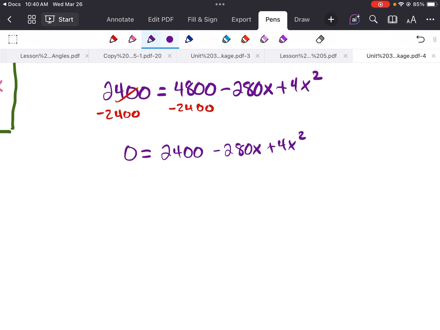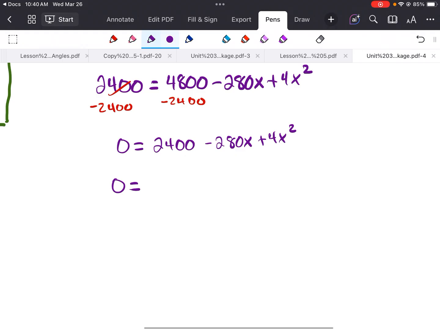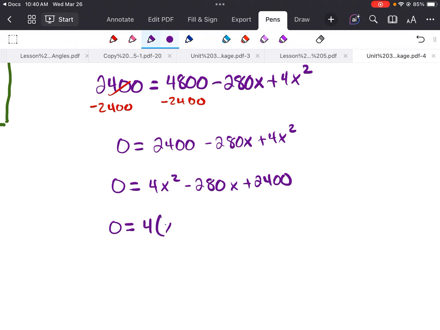Okay, and then I'm going to just write this, just for simplicity, in the correct order that we're used to working with. Okay, so we always try to common factor when we have a leading coefficient bigger than 1, so let's divide everything by 4. Plus 600, okay. It's simple factoring, but it's not very nice.